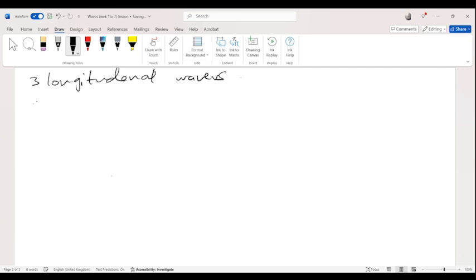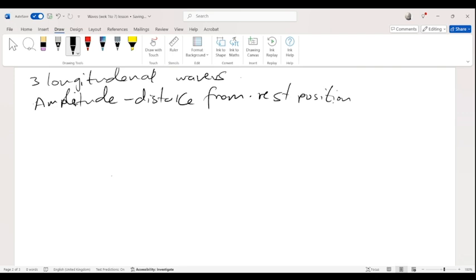Now, longitudinal waves are an opposite of transverse wave, if you think about it, because the amplitude of longitudinal waves is actually the position, the distance from the rest position to the center of compression, or rarefactions.